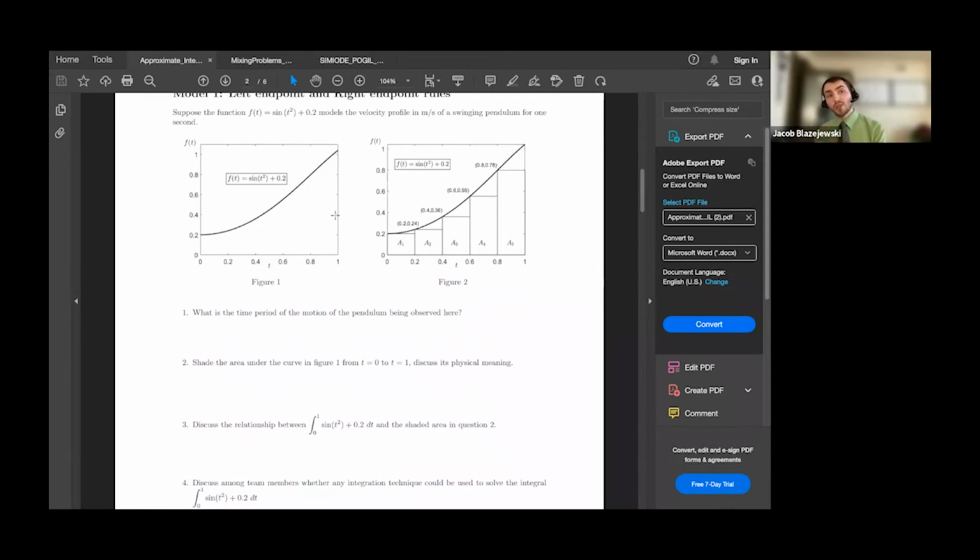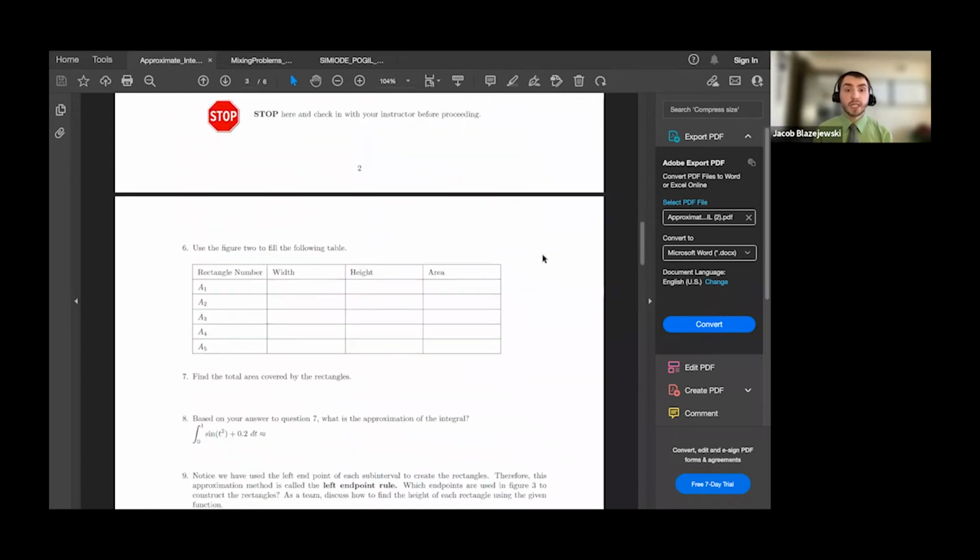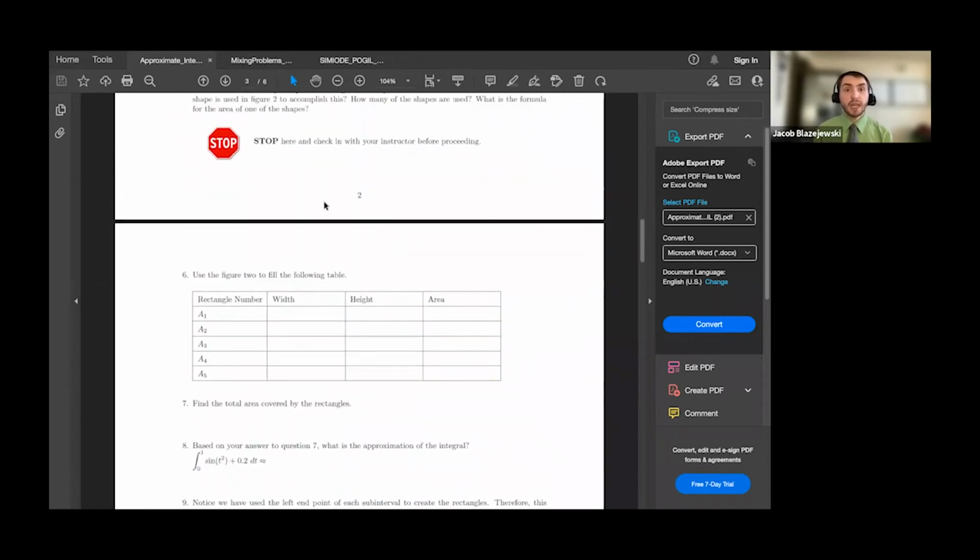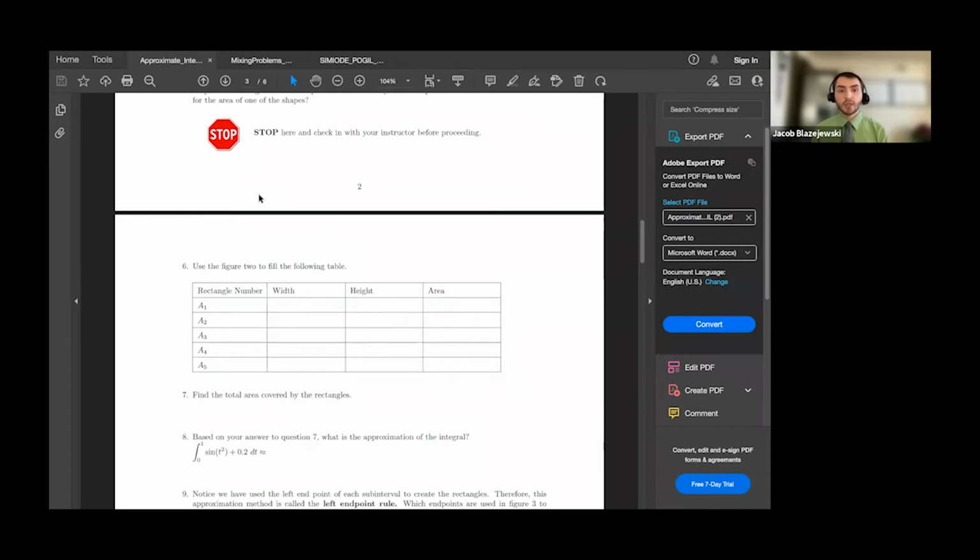We then move into the construction of knowledge, walking them through how you could actually approximate this integral. We've given them these nice rectangles, so let's find the area of each rectangle and then add them all up, which is precisely what this next part deals with. In the midst of this, there are some stopping points for instructors to check in with the group and make sure they're on an okay track.